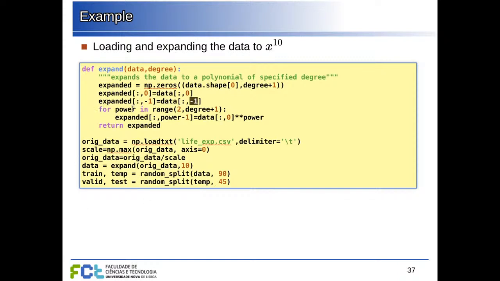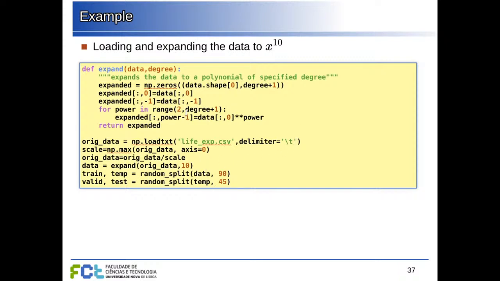And now for each degree from the second one all the way to the last one, that's why I added 1 to include the last degree here, we're going to put in the corresponding column the original x values raised to that power. So on the column of index 1, we'll have x squared. On the column of index 2, we'll have x cubed, and so on. Remember that the column of index 0 is the original x values.